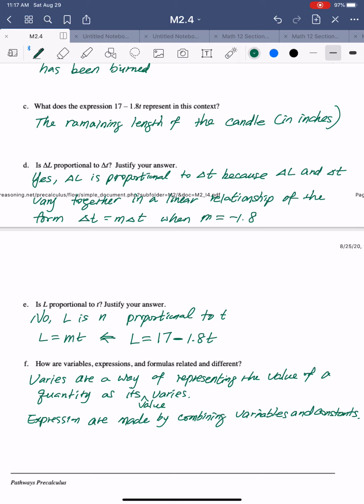So here, the variables are t and L, but in this problem, the expression is 17 minus 1.8t.